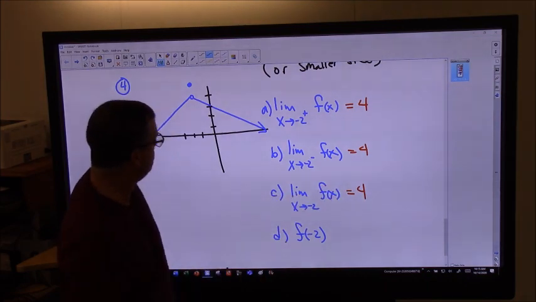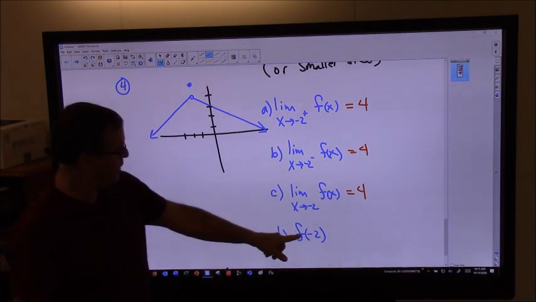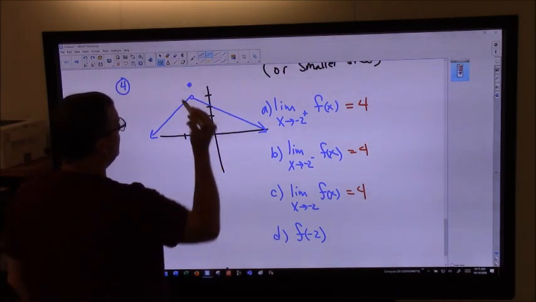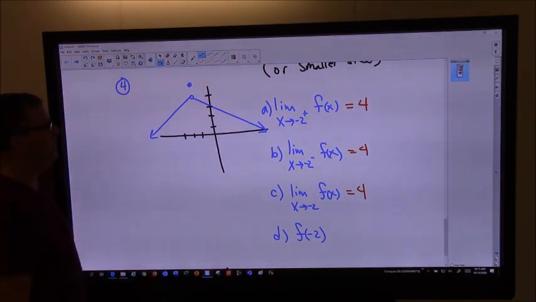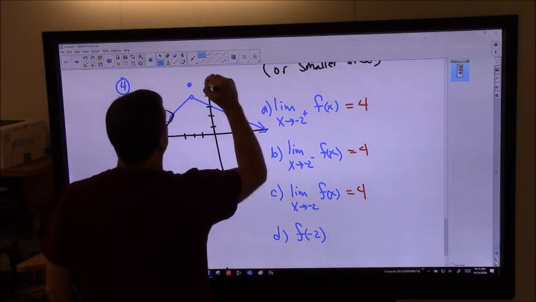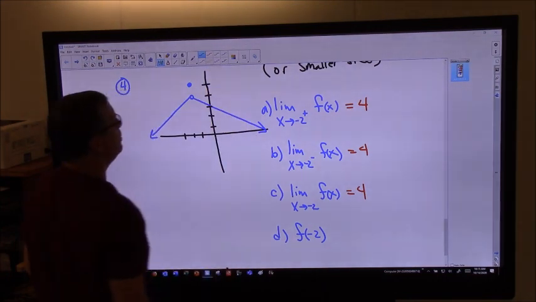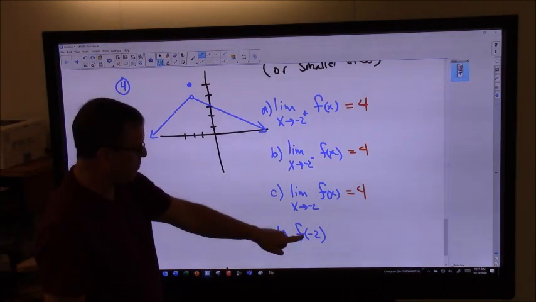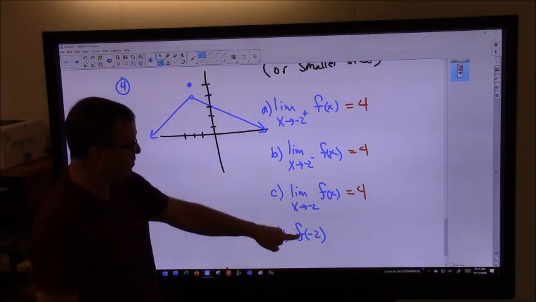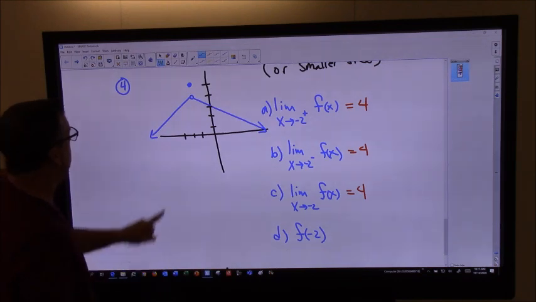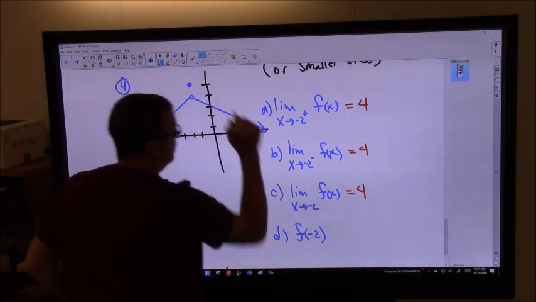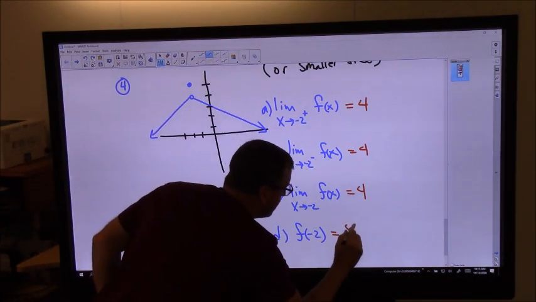Limit does not exist. And what is f of -2? I guess my graph doesn't extend high enough to be able to answer that, but let's just do this. So now I'm not doing a limit, I'm just saying what y value do you get when you plug a -2 in? And since it's defined as this point up here, then the answer to this would be 5.